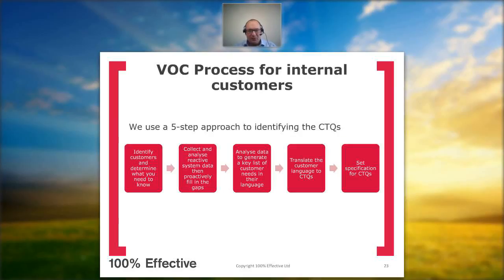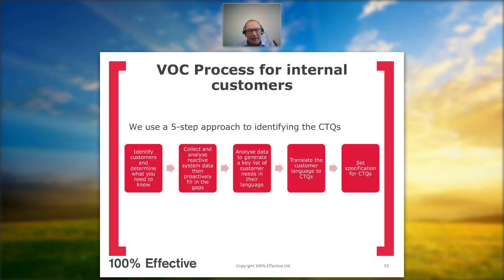To do that, we set up a voice of the customer process. So if we're running a business improvement program, the first thing that we would do is try and identify who those particular customers are and what we need to know about them. We then need to work out how we can collect some information from that customer so that we can understand what's important to them. And if there are gaps, we can do something about it then.